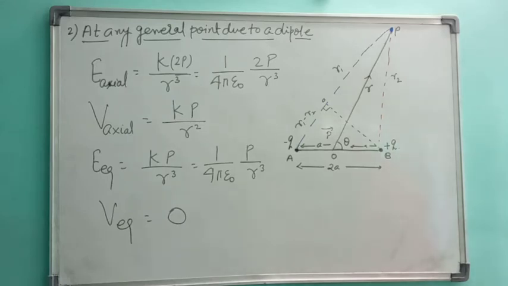First point: the potential due to a dipole depends not only on distance r, but also on the angle between the position vector of the observation point and the dipole moment p.